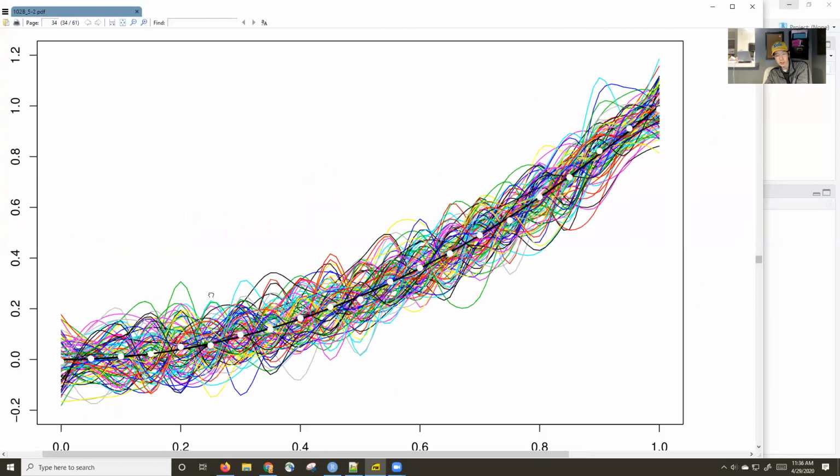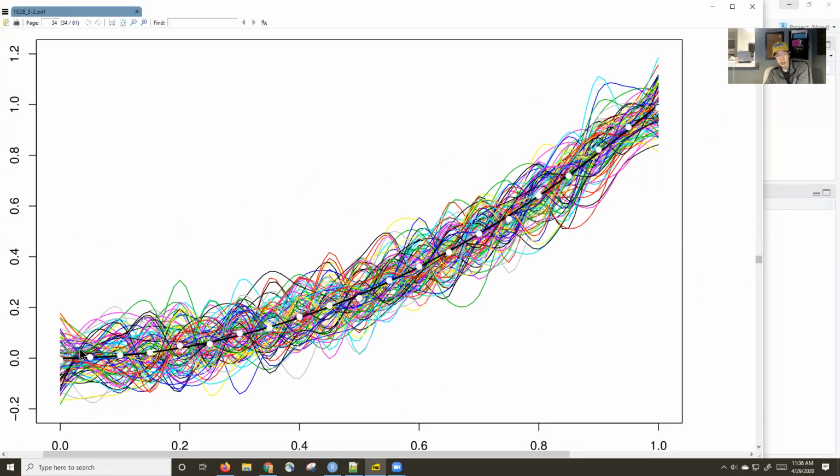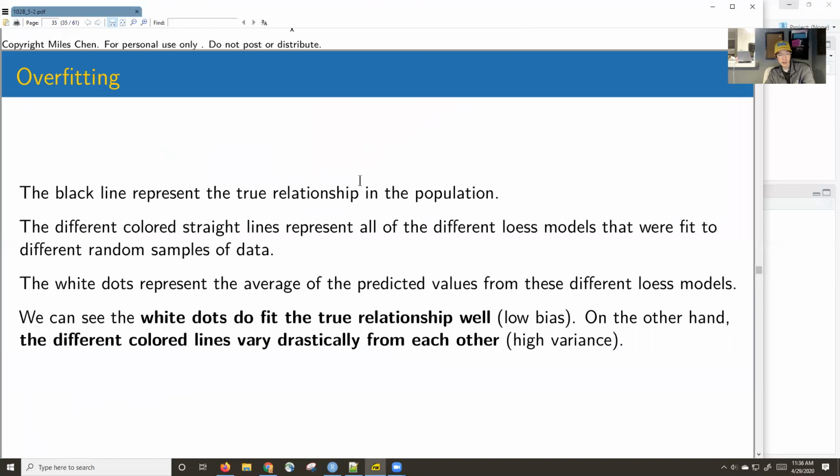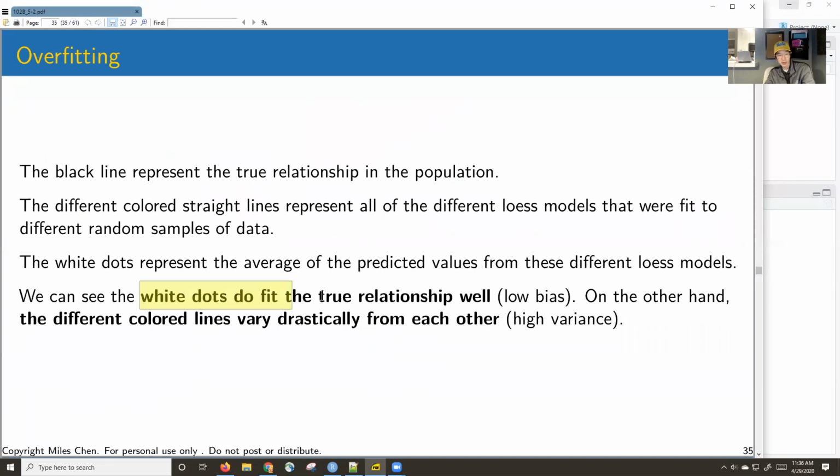And so all up and down the graph, that's what we have. If you look at the white dots, they follow the black line fairly closely, but the individual lines show a ton of variation from one to the next. So that is going to represent low bias. White dots fit the true relationship well, that's low bias, but the different colored lines vary drastically from each other, so that's high variance.